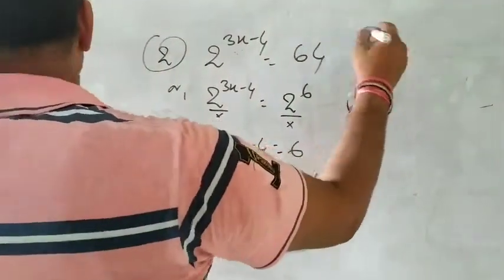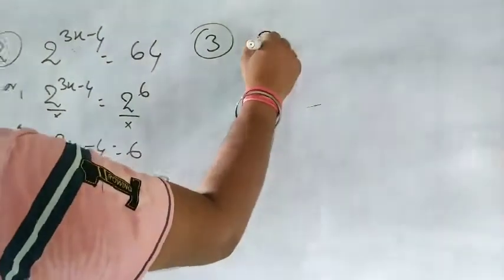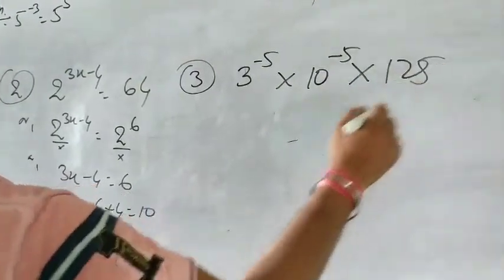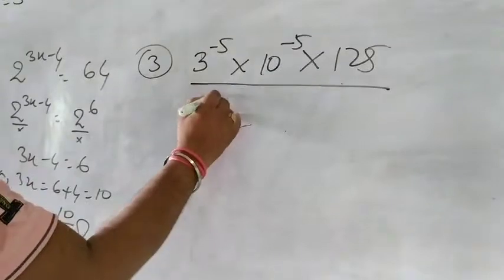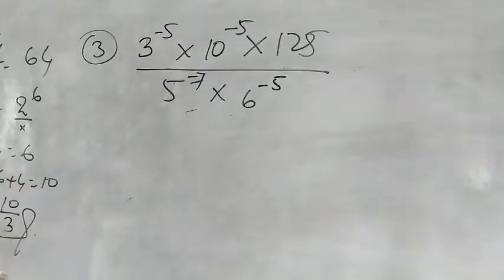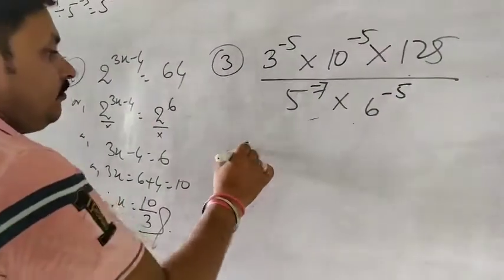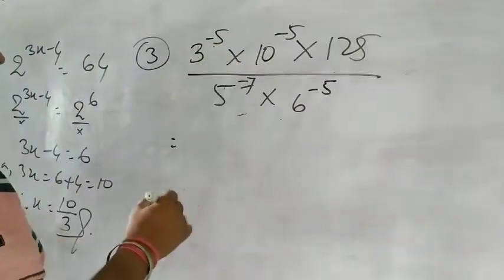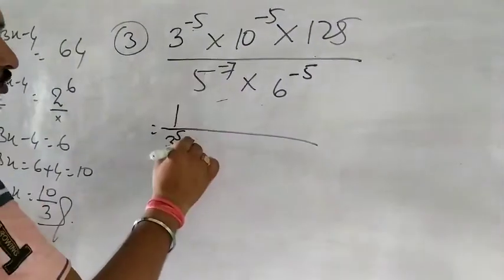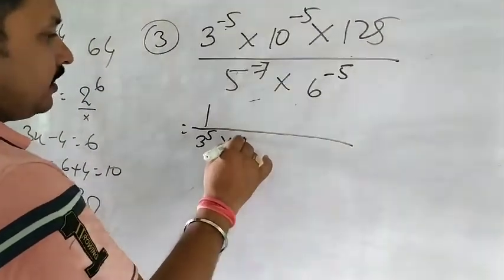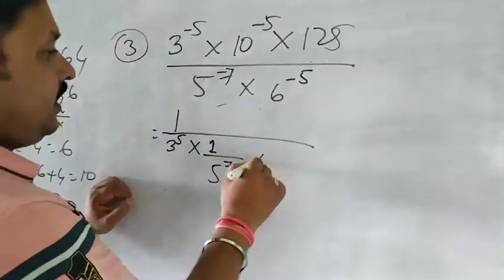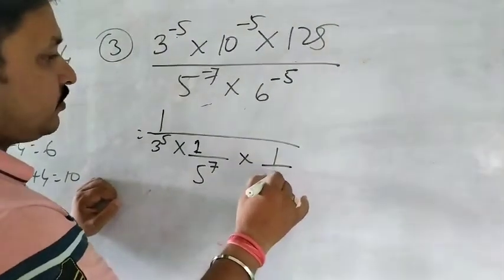Now your third question is 3 to the power minus 5 into 10 to the power minus 5 into 125, divided by 5 to the power minus 7 into 6 to the power minus 5. So it should be written as 1 by 3 to the power 5 into 1 by 10 to the power 5 into 125, which is 5 threes, divided by 1 by 5 to the power 7 into 1 by 6 to the power 5.